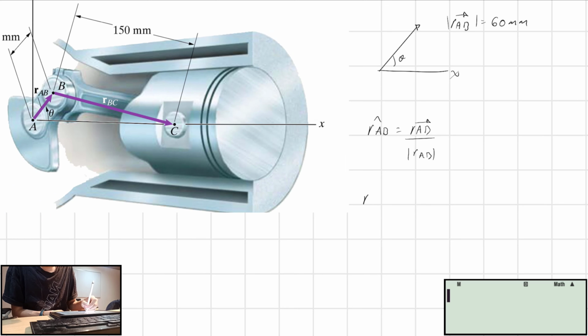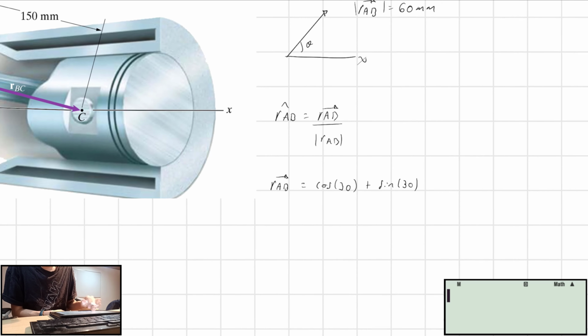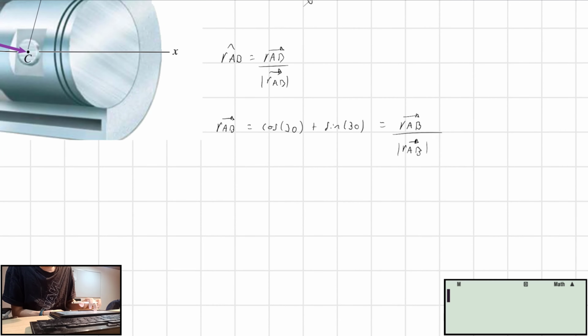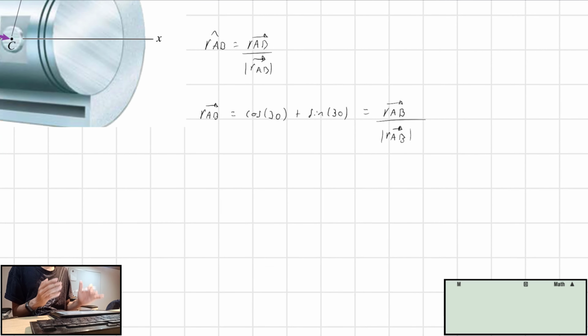In this case, the unit vector is going to be equal to the cosine of 30 plus the sine of 30. All right, and this is going to be equal to the vector divided by the magnitude. Now that means that the vector is going to be equal to the unit vector multiplied by the magnitude of the vector RAB.